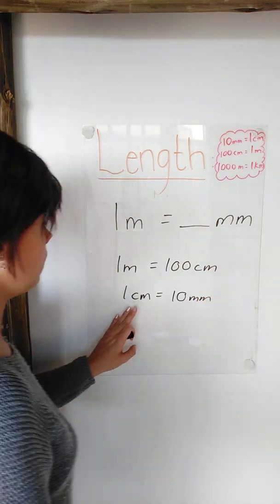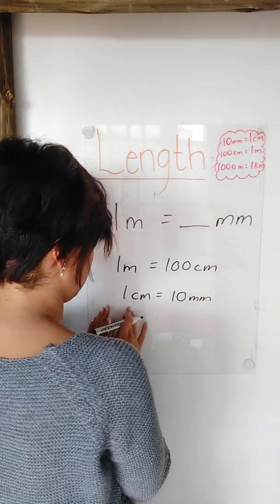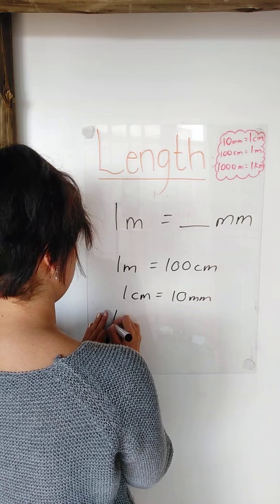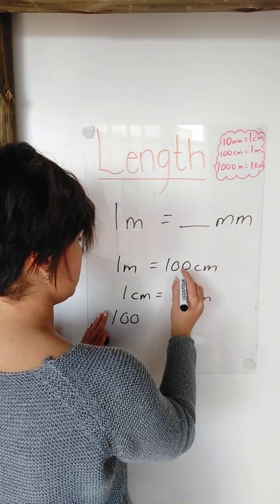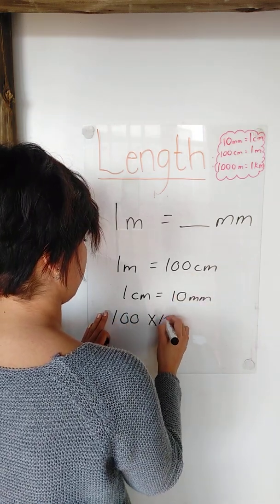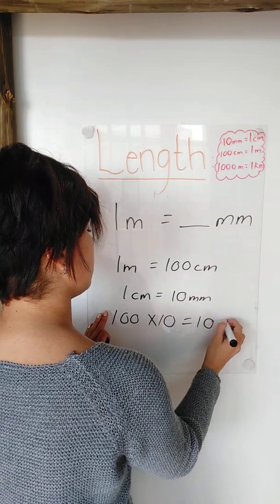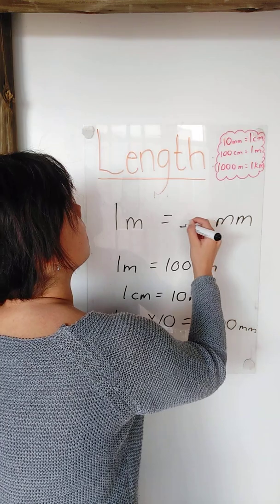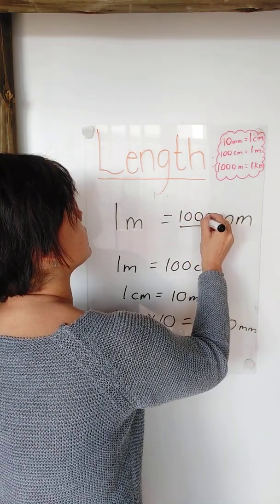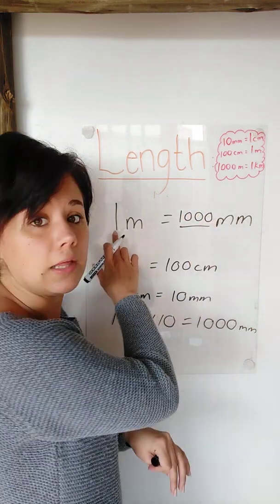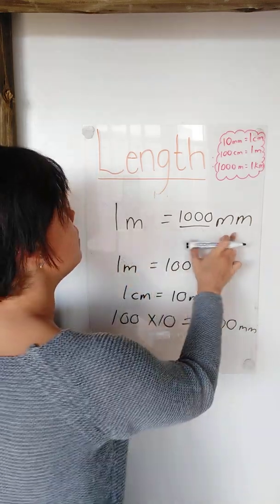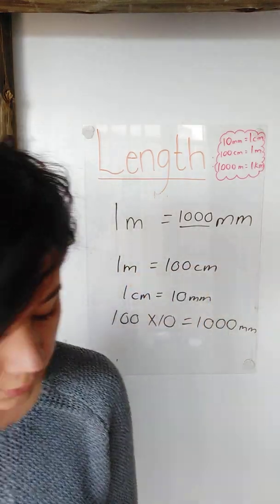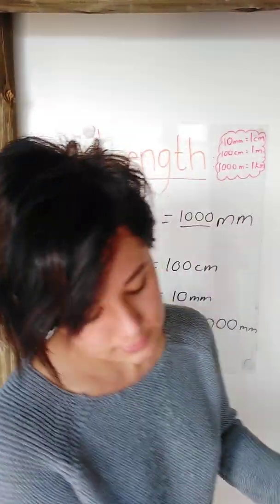The easiest thing is, we have 100 centimeters, and we times it by the 10, which will give you 1,000 millimeters. So it's basically converting this 1 meter to millimeters. Okay, good. Now let's go to the next exercise.